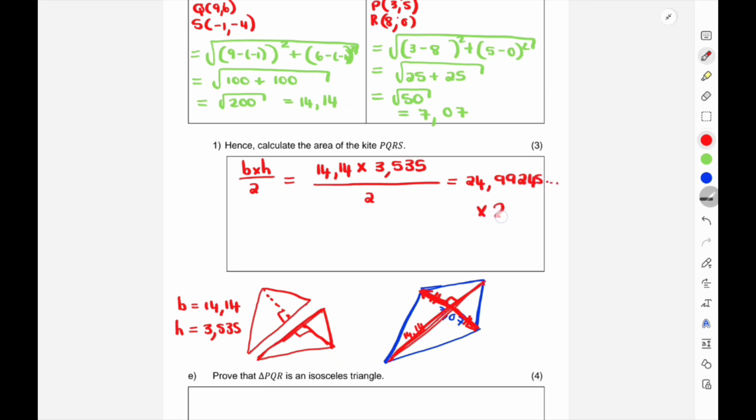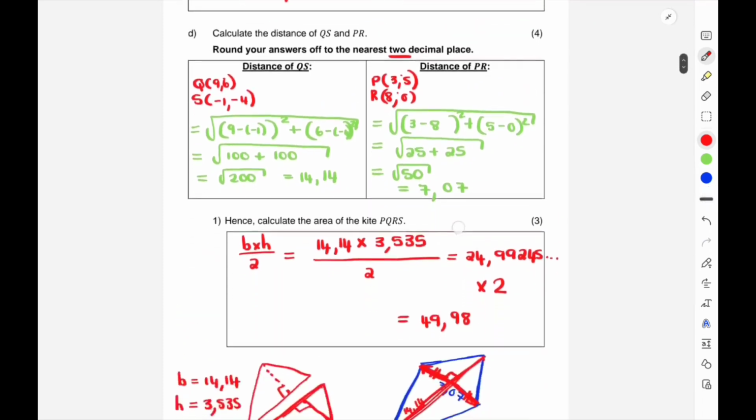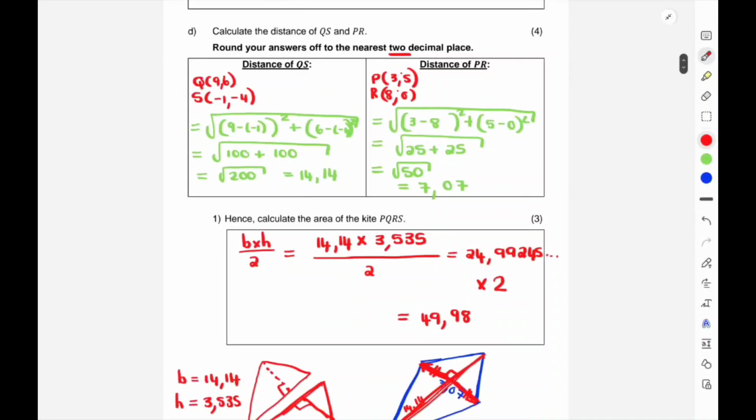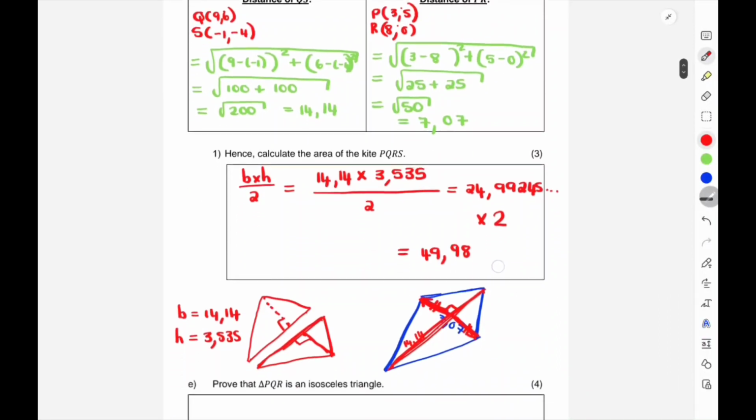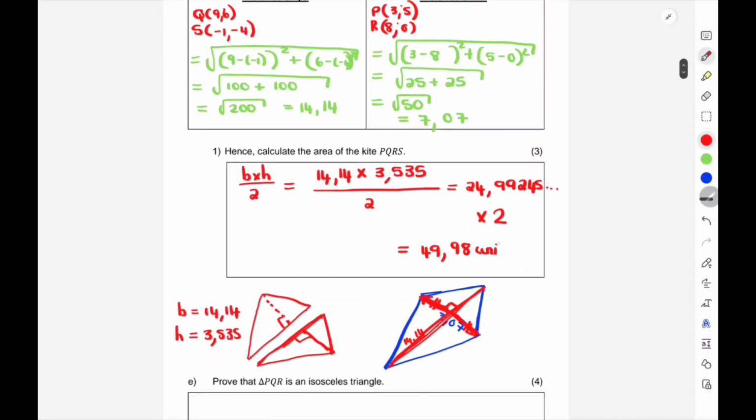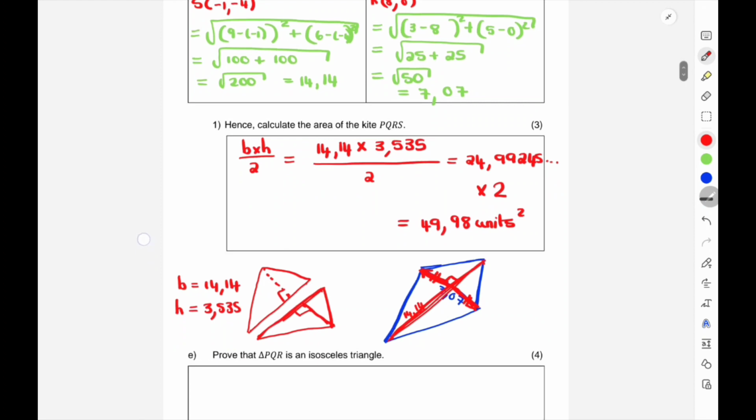But now I'm going to times it by 2 because there's 2 triangles, which gives you 49.98, rounded off to the nearest 2 decimal places. There are no other instructions, but under D it says calculate to the nearest 2 decimal places, so let's stick to that. So this will be units squared. Okay, all right. I hope you understand that.